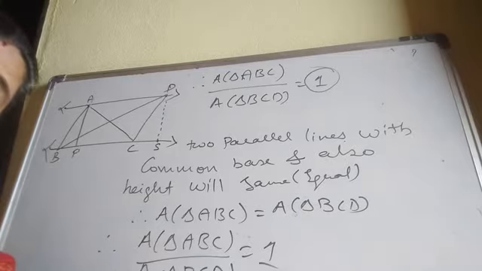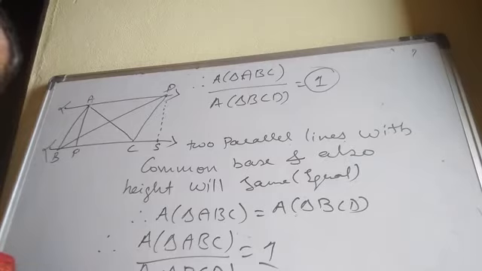Second condition: ratio of areas of 2 triangles with equal heights is equal to ratio of their corresponding bases. And third condition: ratio of areas of 2 triangles with equal bases is equal to ratio of their corresponding heights.